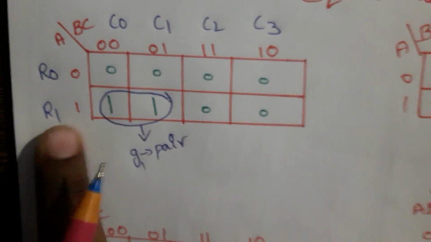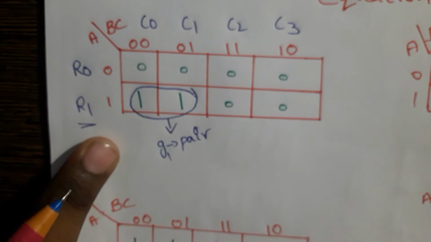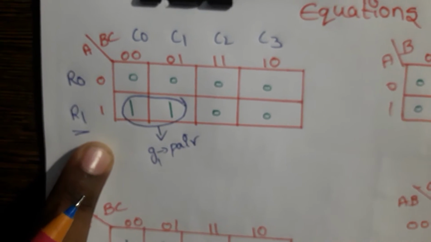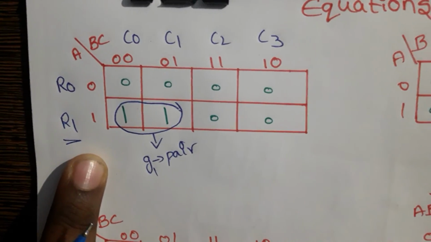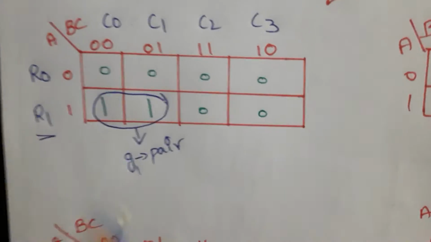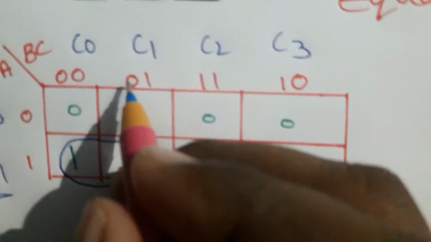For example, here R1 means in place of A we are having 1. If you are having 1 we write A, and if you are having 0 we write A bar. So here in place of A we are having 1, so we write A. And here it was covering two columns, C0 and C1, that means 00 and 01.